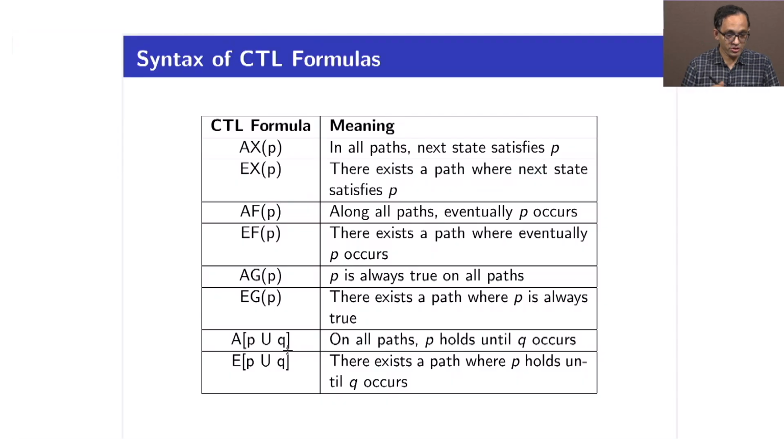But most importantly, how the path quantifiers for all and there exists, A and E, get bound with X, F, G and U is important. Here, if you remember, there are four temporal operators X, G, F and U. In LTL we have defined what is the meaning of them. Now, in CTL it is very important to note that they cannot occur independently.